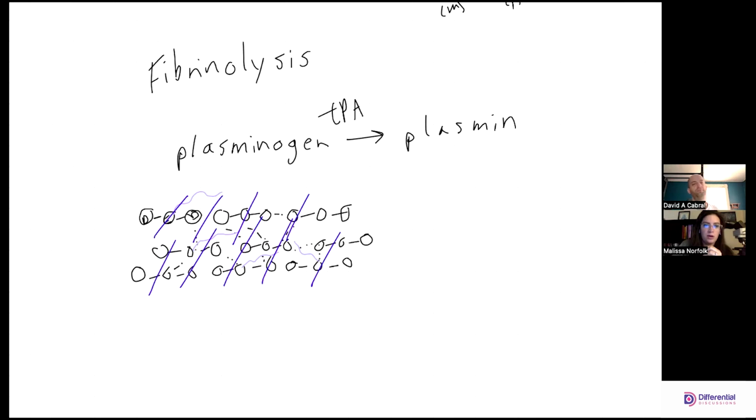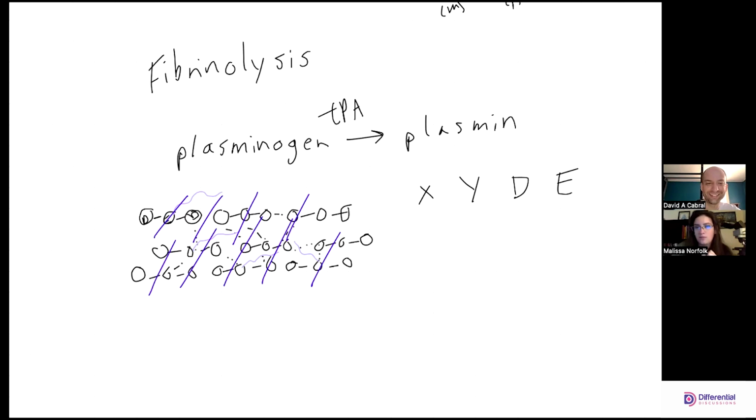Now, when you break up the clot, you're going to get little pieces left over of fibrinogen, or excuse me, fibrin, could be fibrinogen, depending on the pieces that you're talking about. And if you read in your textbook, they're going to tell you that it's X, Y, D, and E that are the pieces that are left over. I don't know why they have to call it pieces X and Y when it's just really pieces of this, but we'll get there.